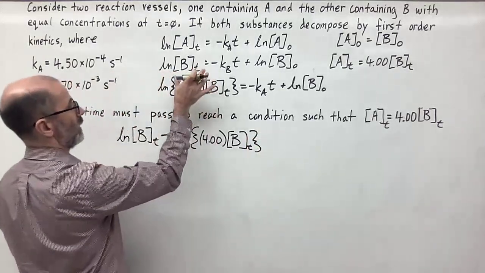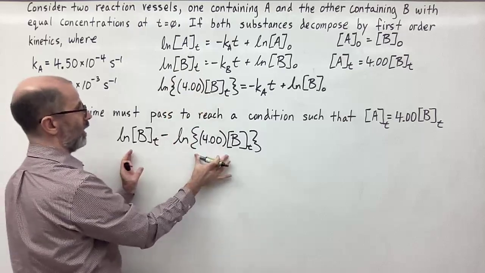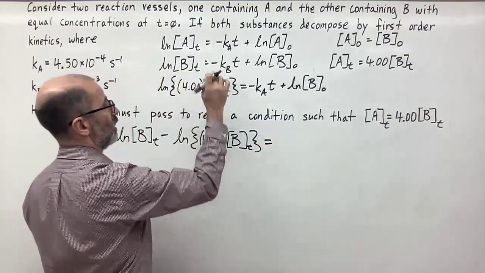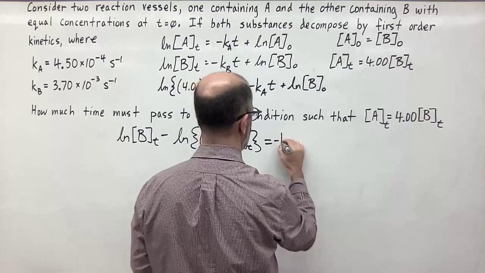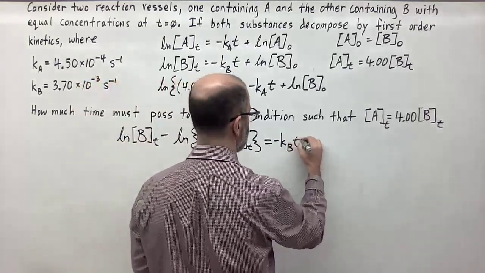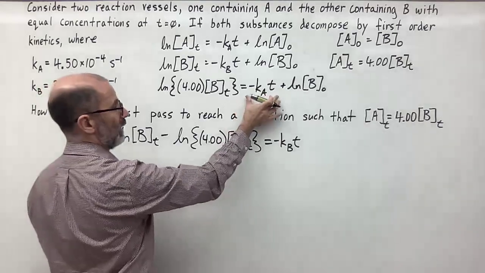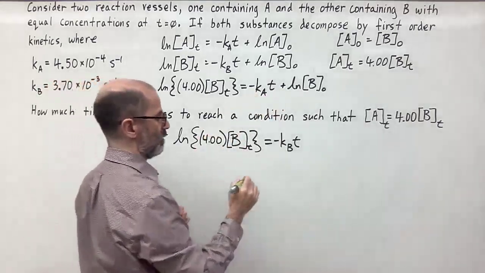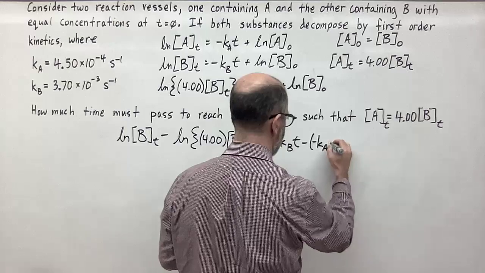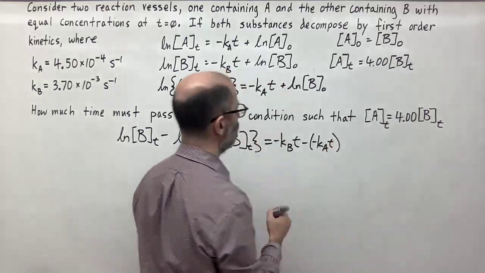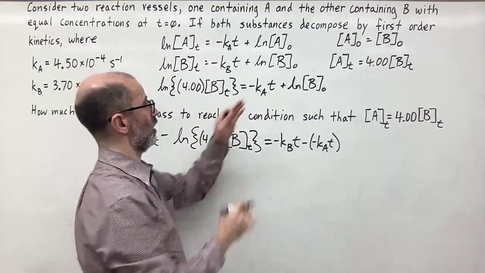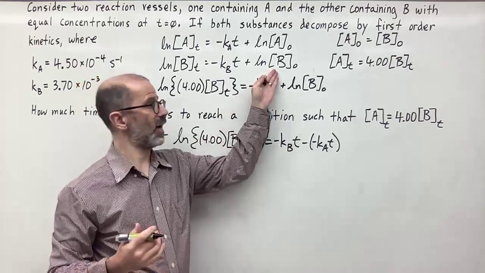Okay, so I subtracted this from this. I got that there. That's going to be equal to negative Kb times t minus the negative Ka times t. So minus negative Ka times t. And then I've got the natural log of B, the concentration of B.